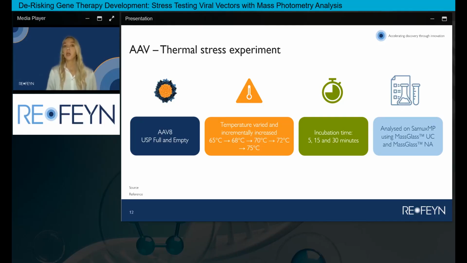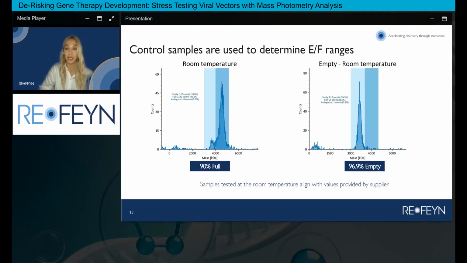The reason why we use MassGlass NA will become clearer as I explain what we did in our experiments. So just to give you the idea, these were our control samples that we used to determine empty and full ranges.